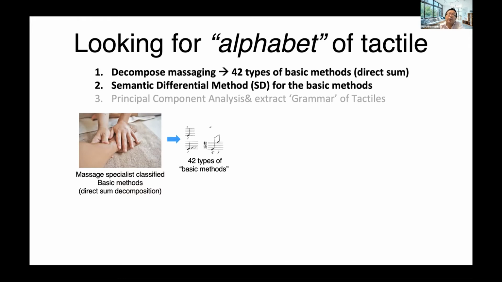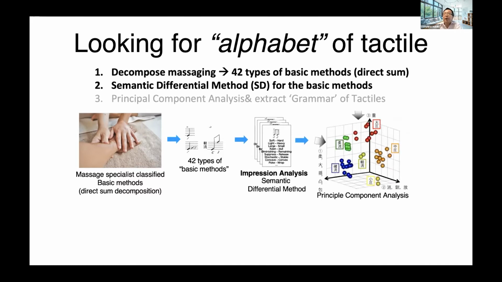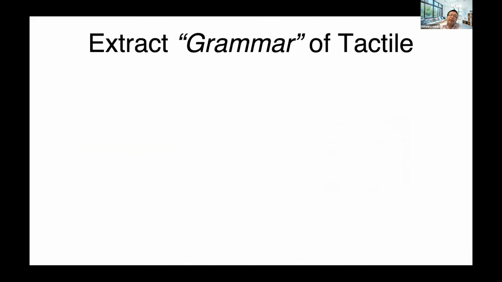They classified 42 types of basic methods. Then we did impression analysis using the semantic differential method, and we did a principal component analysis. So we found the 42 types of basic methods fall into 6 groups. These groups can be the alphabet of tactile. Now we obtain a candidate alphabet of tactile interaction.